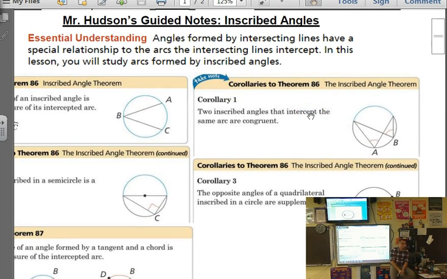Then, when we start to have multiple lines or quadrilaterals or weird intercepting objects, two inscribed angles that inscribe the same arc are going to be congruent.